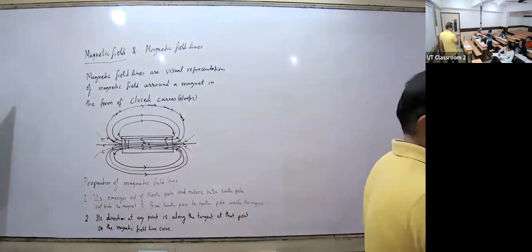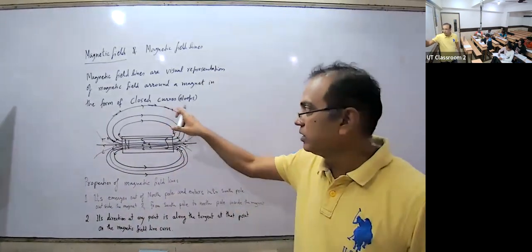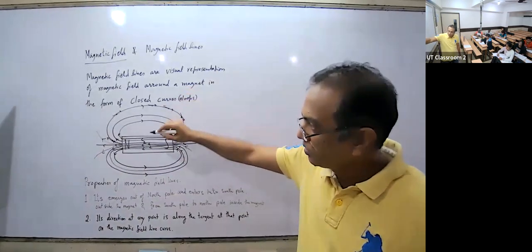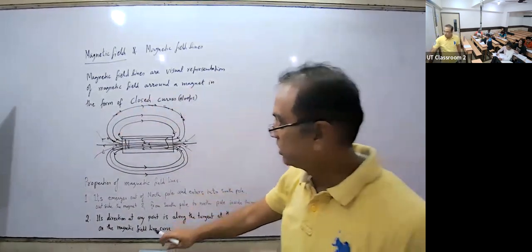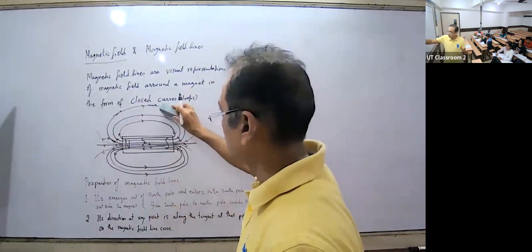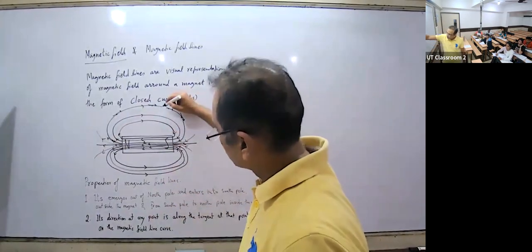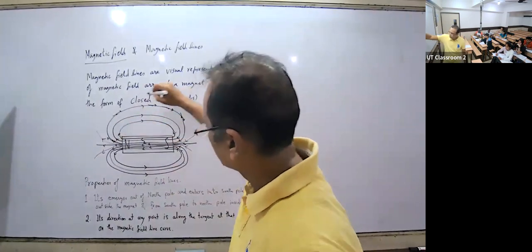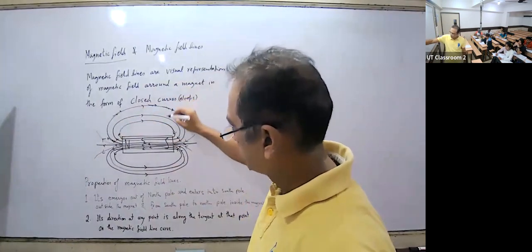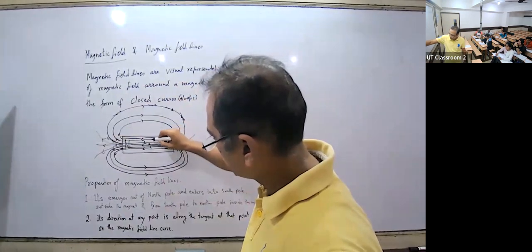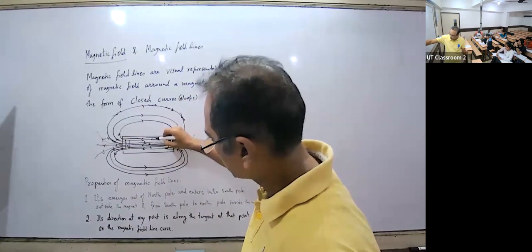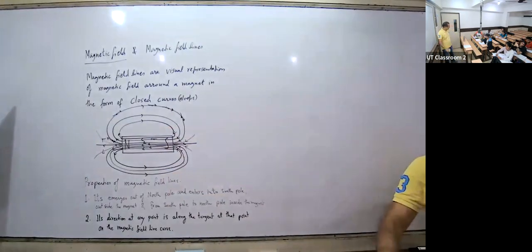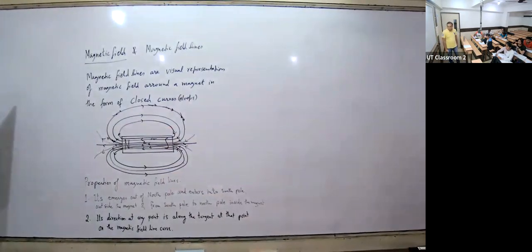So direction tangent का कहाँ पे होगा? It can be this side also and that side also. So which side will you take? You will take north to south, because the line can have two directions. So what will determine the direction? It should be north to south outside, and inside it should be south to north. That's how this is the direction. Clear? Next.